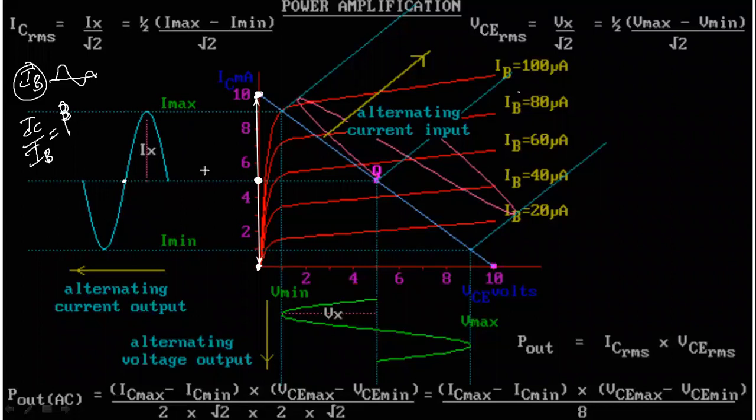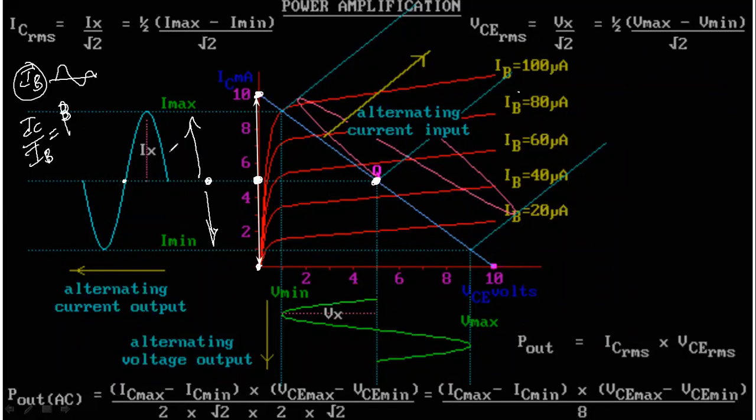If you don't apply any input signal from outside, this is the default current drawn through the transistor, the default current in the collector. If you fluctuate IB, IC also fluctuates with respect to this level.